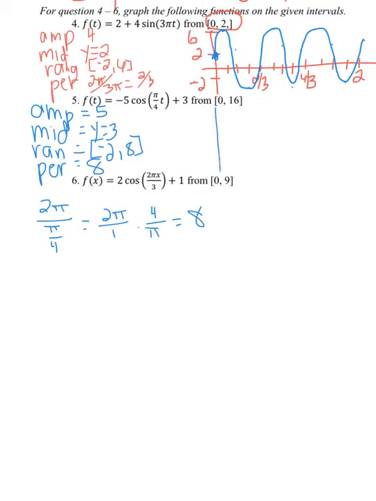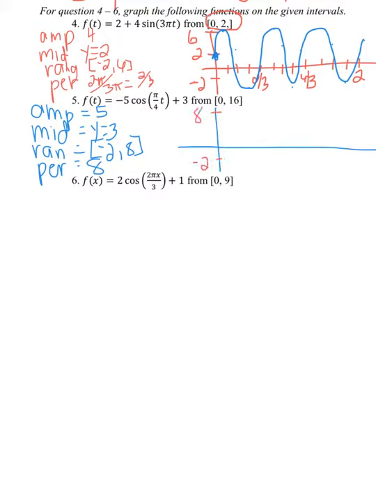So when I go to graph this, so if the period is 8 and I'm supposed to graph it from 0 until 16, you're going to see 2 cycles. You're going to have to draw your 4 slashes 2 times. So I'm going from -2 all the way up to 8, with y equals 3 being in the middle.